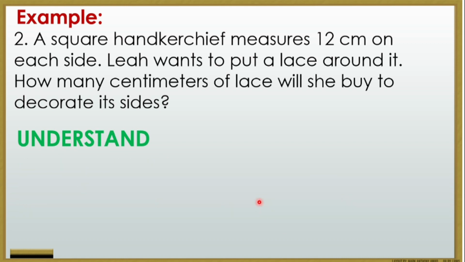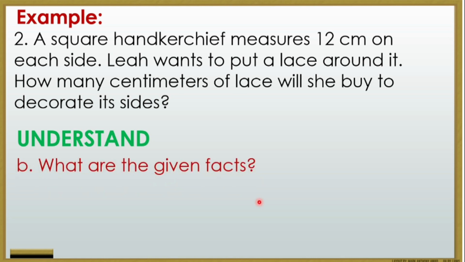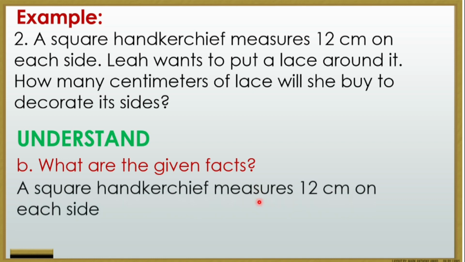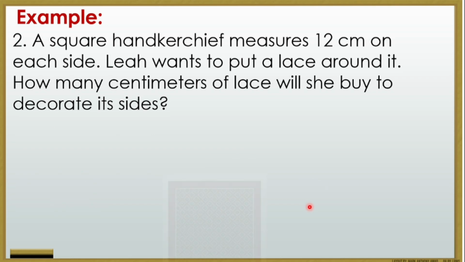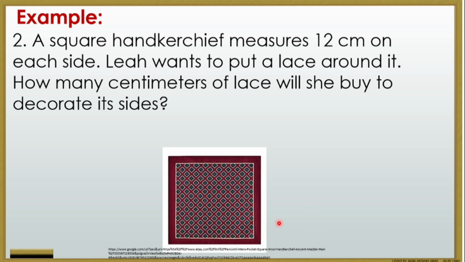Then, let's understand again. What are the given facts? The given facts are a square handkerchief measures 12 centimeter on each side. And then, this would be the visual representation or the figure.